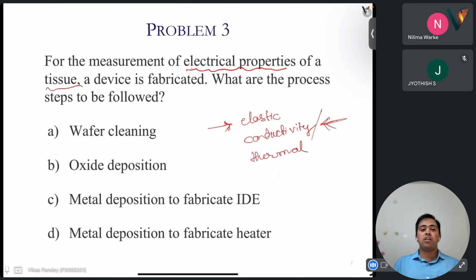So what steps are to be followed? What is the sequence of the steps? Any answers? You have to arrange these steps.